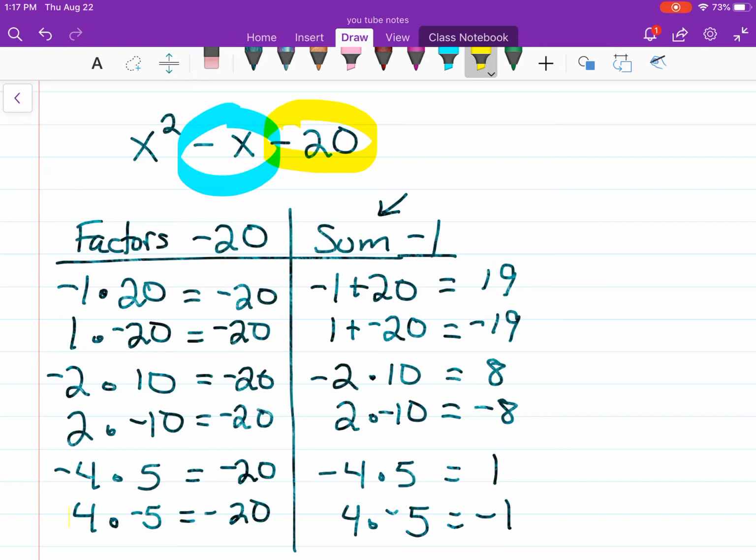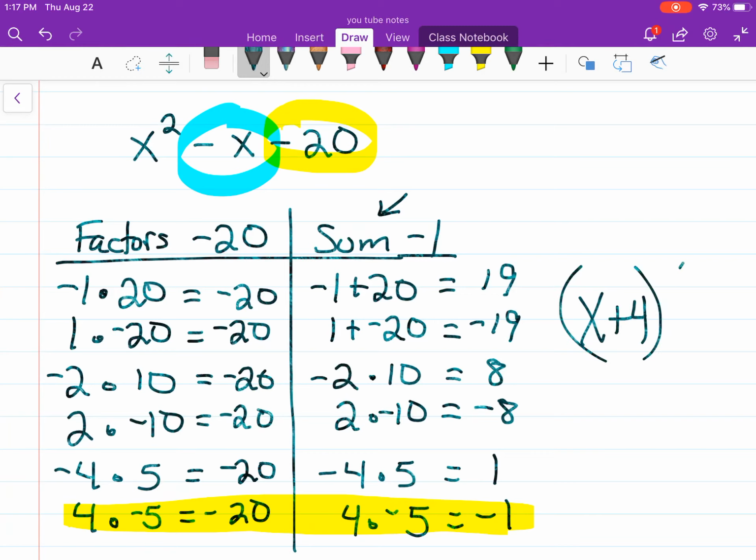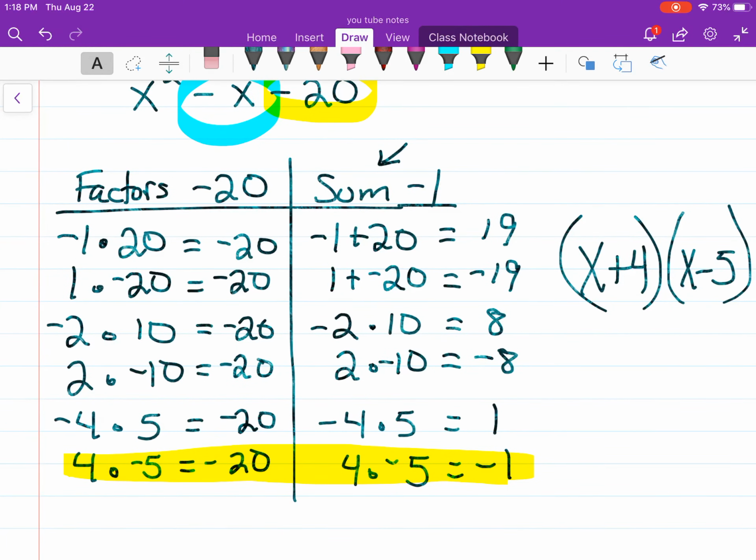That would be right down here with this 4 and negative 5. So my answer will be x plus 4, x minus 5. How did I know to use a positive and a negative here, and which one was positive and negative? Because if you look, this is a positive 4, this is a negative 5. Thus, positive 4, negative 5.